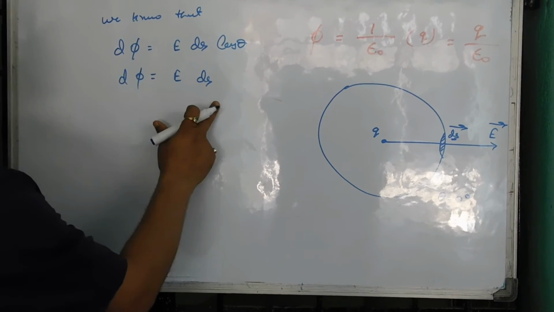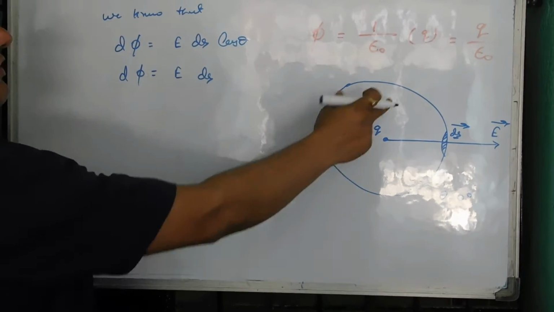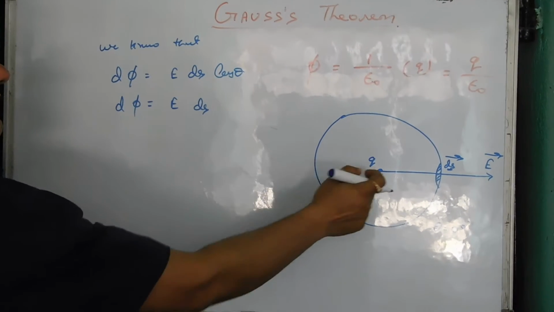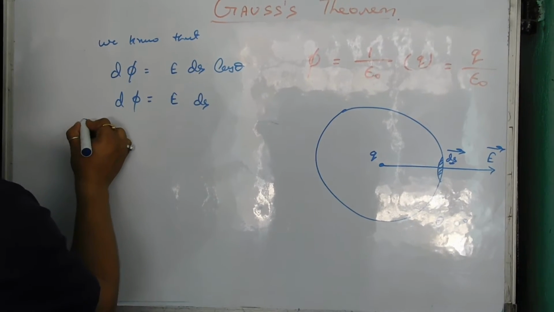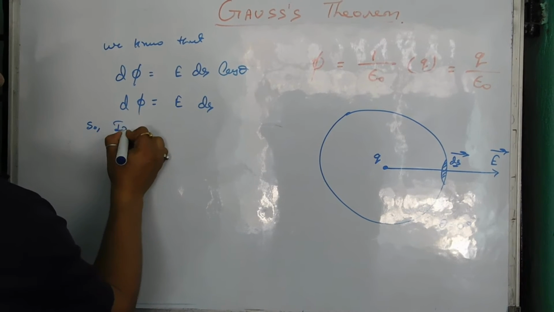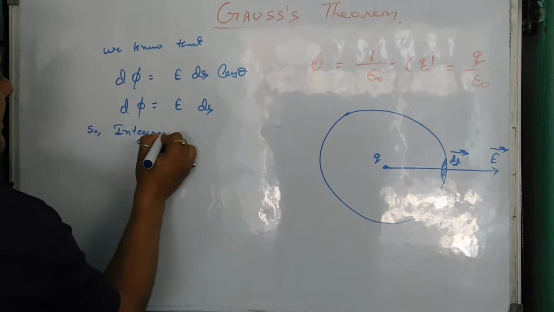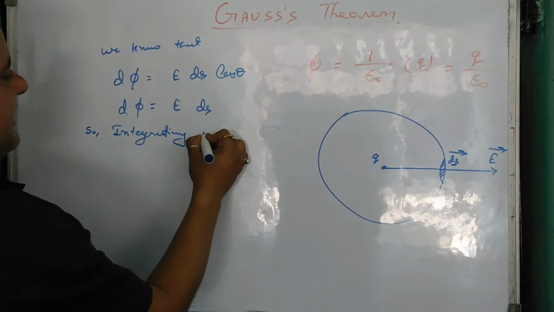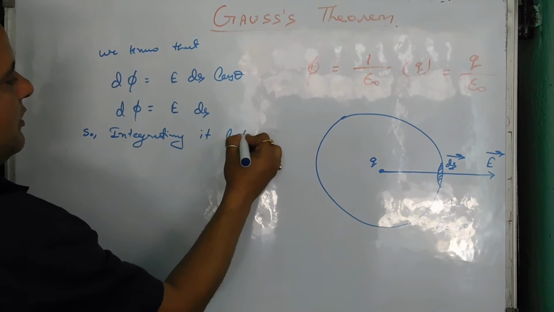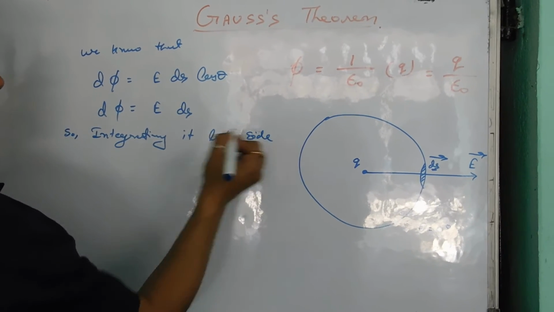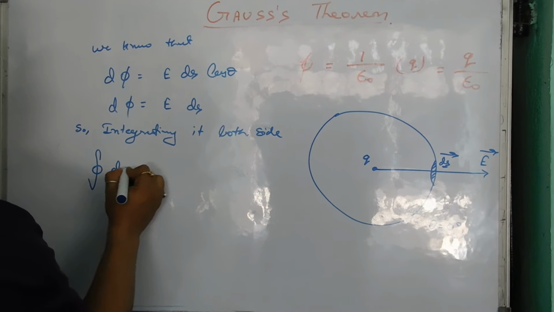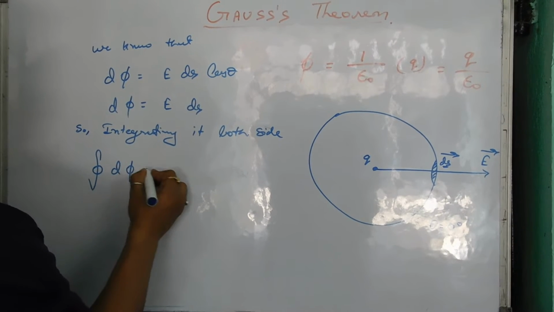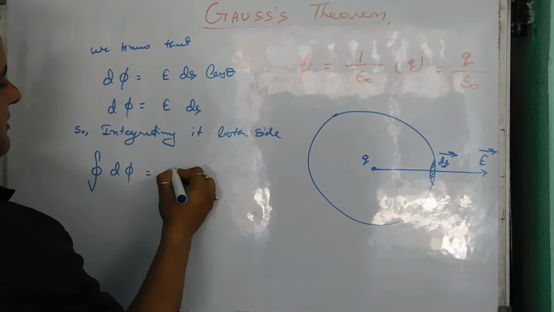Now, to get the whole flux of that charge, we have to integrate this equation on both sides. We take a closed integration because there is no limit.